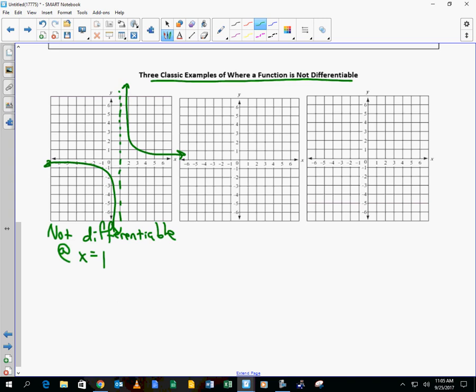For example, right here the derivative is negative. It's discontinuous, right? The function actually doesn't have any value at 1. It's specifically discontinuous at that spot. We can't take the derivative. Okay? So it's not differentiable at x equals 1 because it is discontinuous.